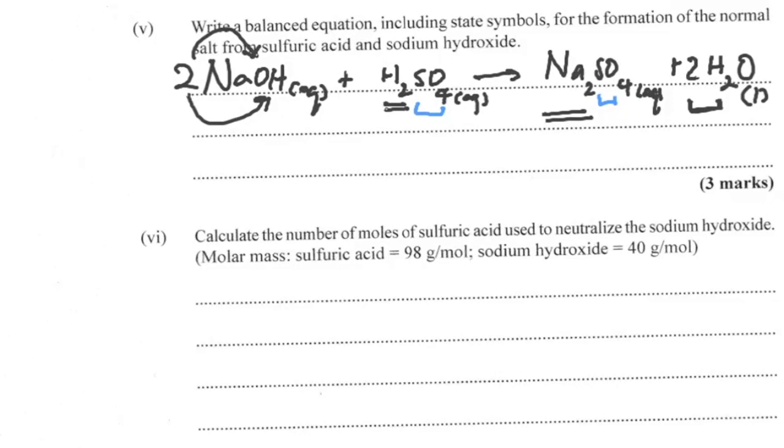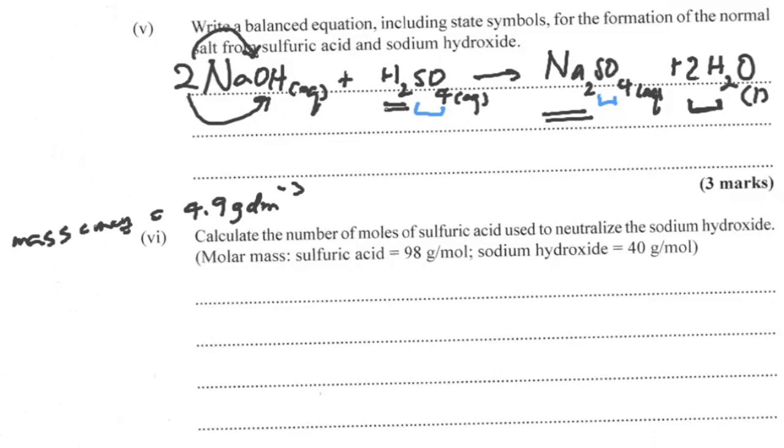So first things first, we know that the mass concentration we were given is 4.9 grams per dm cube. What we're going to do first is convert that to moles per dm cube.